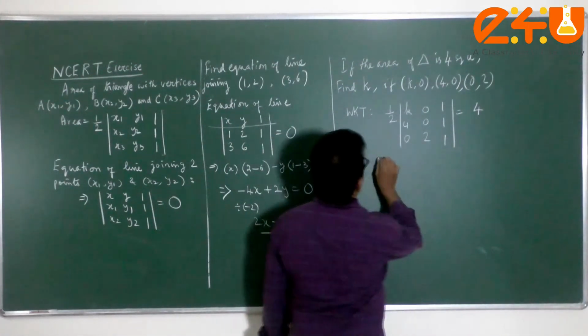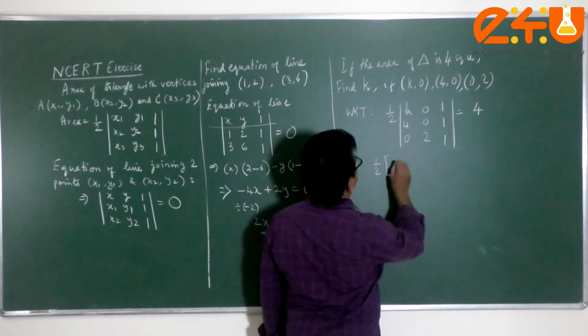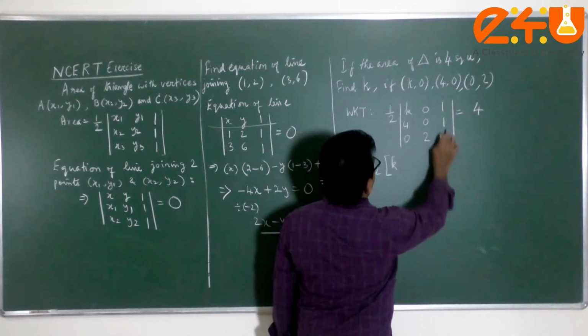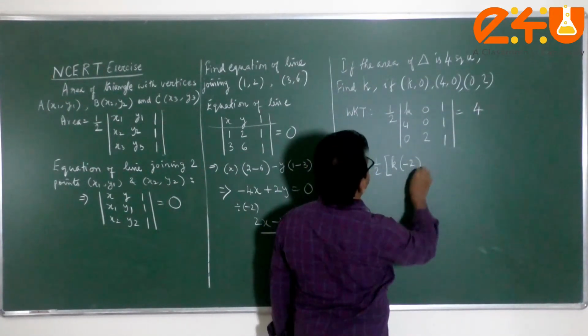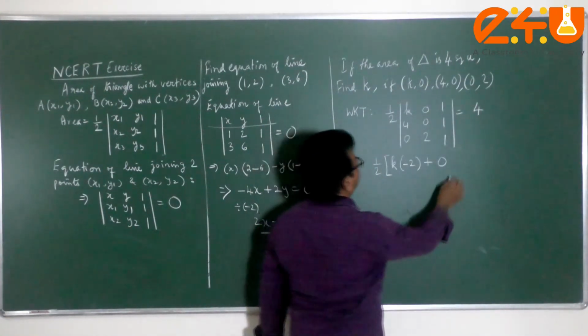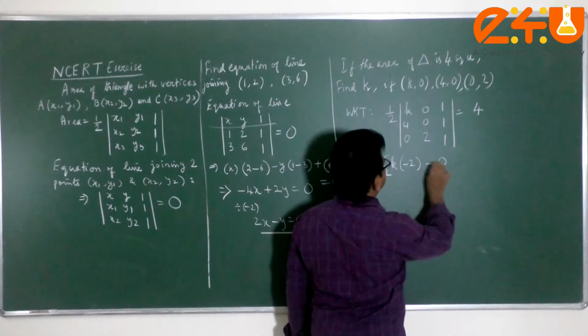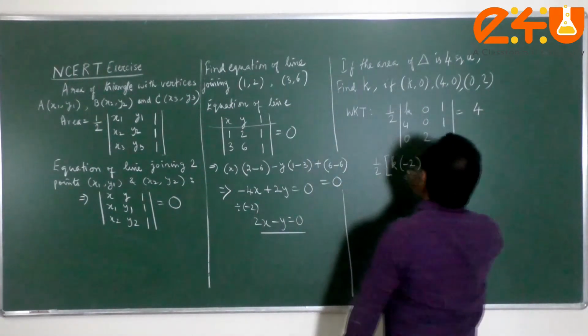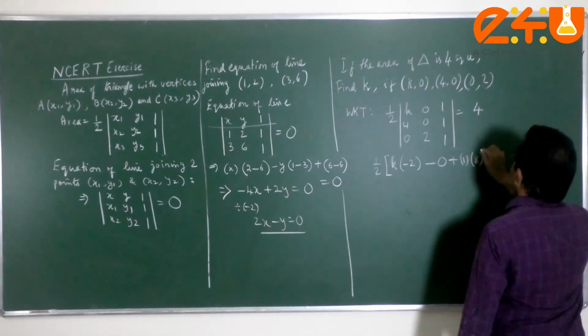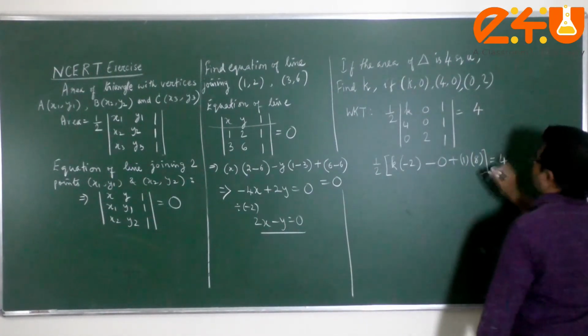Let us expand. Half k times of 0 minus 2 only. The second element of row 1 is 0. Technically it is negative, and A13 is 1 into 8 is 4.